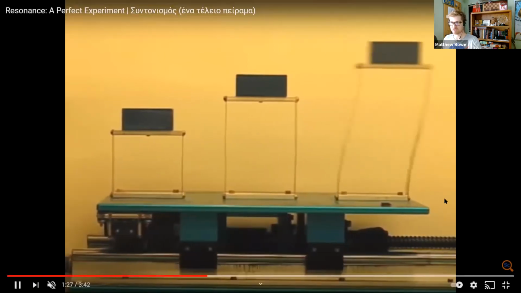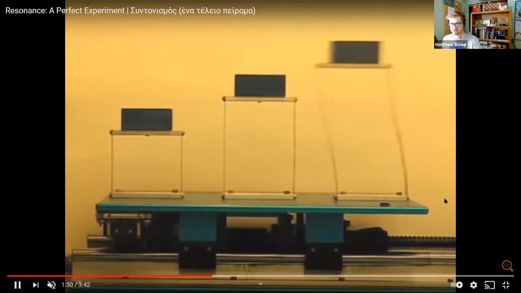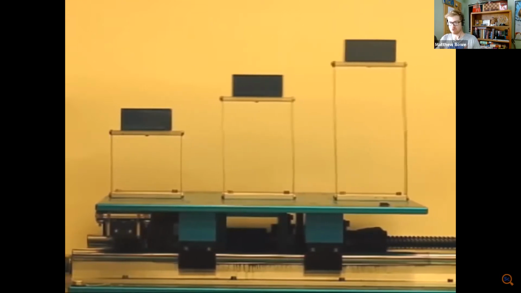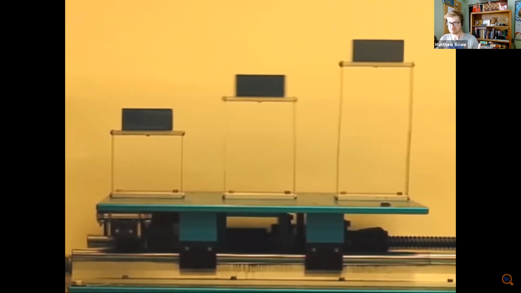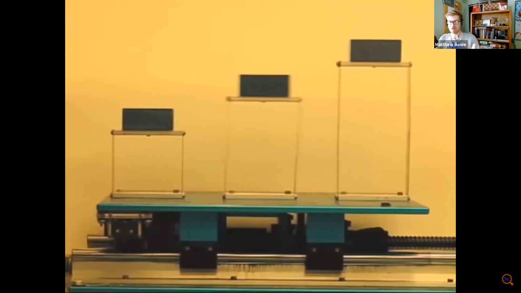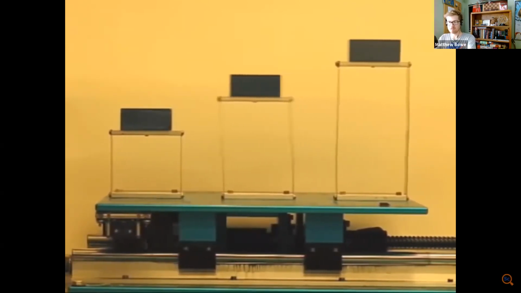This is something that actually happens with skyscrapers in an earthquake. You need to consider how the building itself will move and flex as the ground below it shakes. And if the earthquake is at a different frequency, say maybe a bit higher, that tall building no longer is violently shaking.